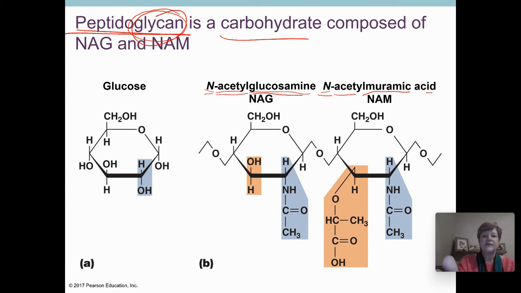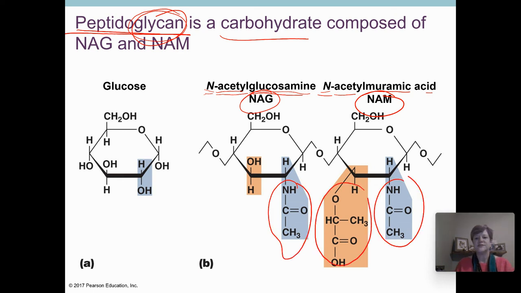Now, you'll be glad that we abbreviate these terms, NAG and NAM. But NAG and NAM are carbohydrates very closely related to glucose, but with some extra things attached on, little functional groups and such. You don't have to memorize the structure of NAG and NAM, but know that those are basically carbohydrates from a modified glucose molecule.